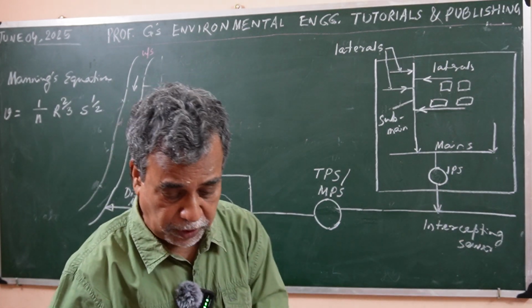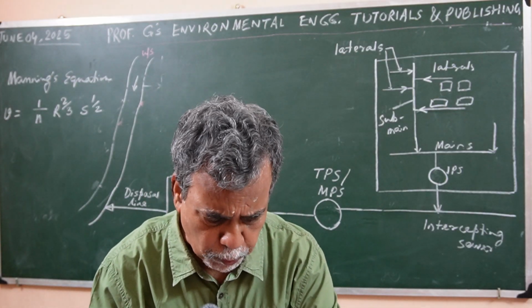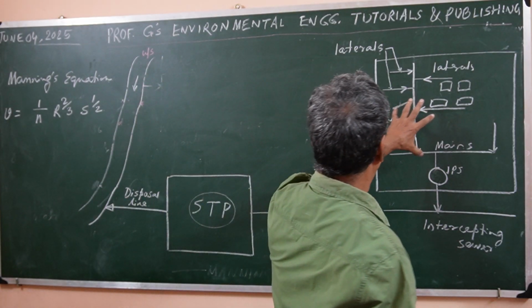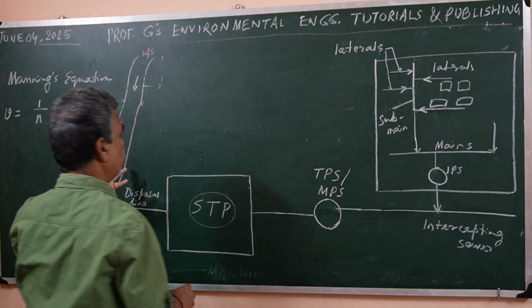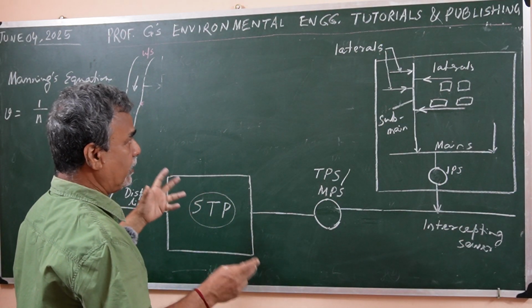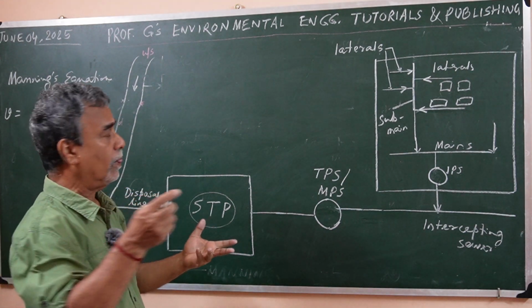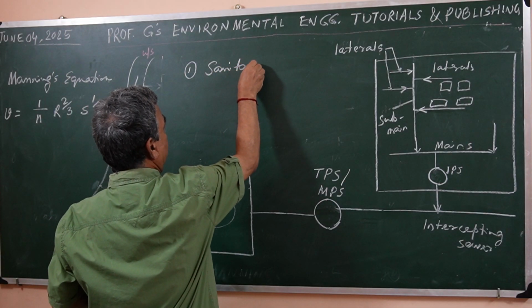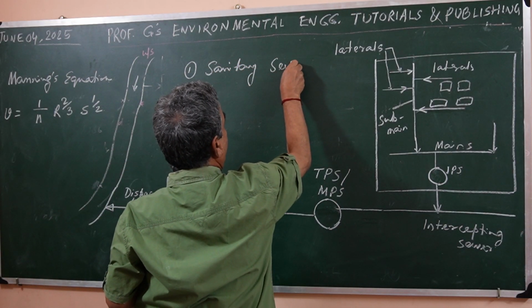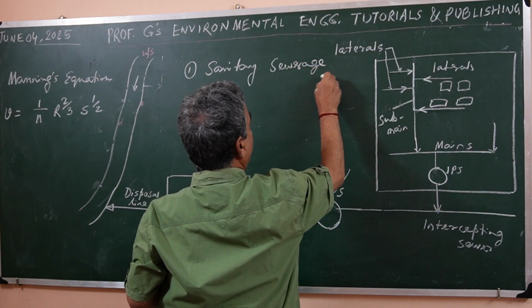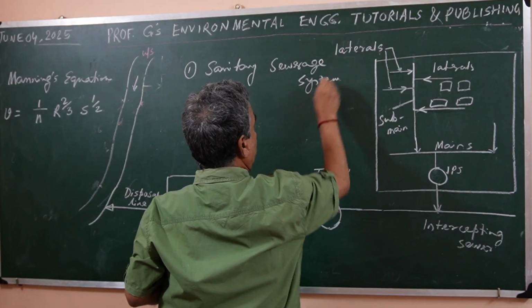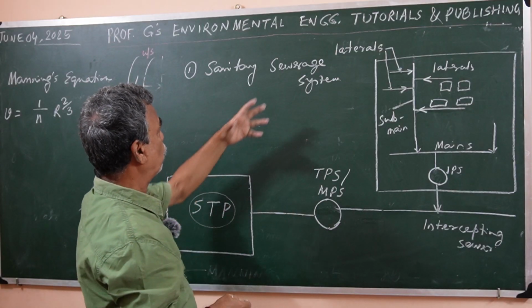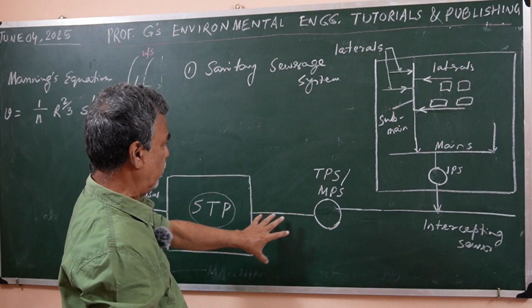Now one more point, let me tell you that the collection of sewage may be of different types. One is the sanitary sewerage system, when only the wastewater coming from different buildings, as discussed, is collected and then treated.